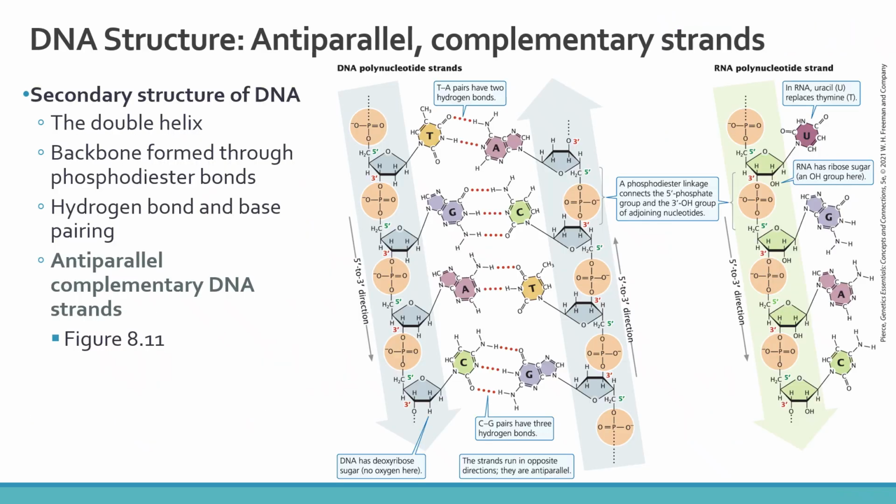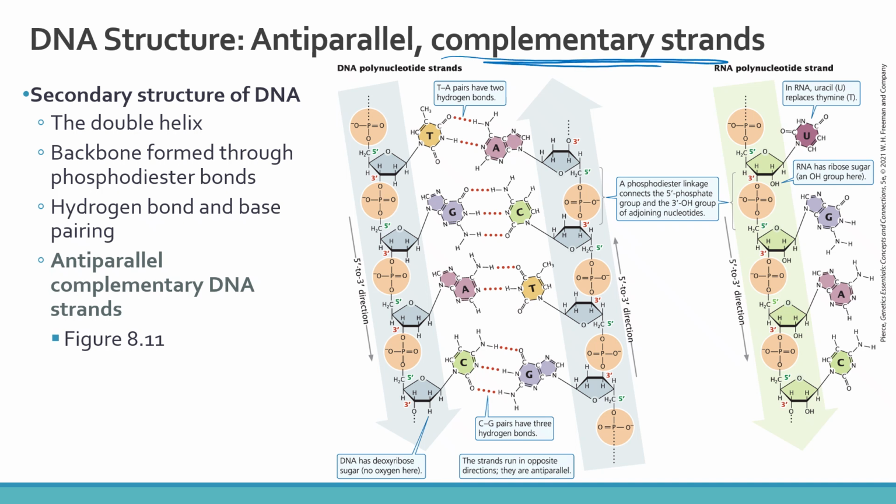So there are two main features to the overall structure of DNA that are going to affect the function of our molecule. Remember, the function is coding. At the most basic level, function is coding. And that is going to depend on complementary base pairing in our strands.